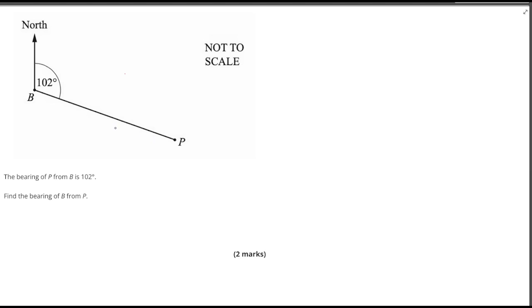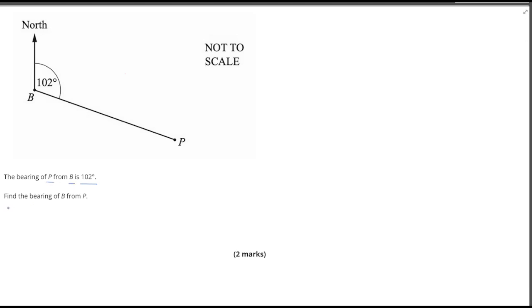Also, this angle is given in 3-digit format, so its integer part should be 3 digits. This 102 angle is given to you. This is nothing but the bearing of P from B.